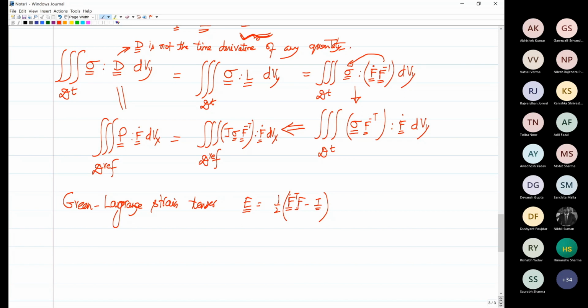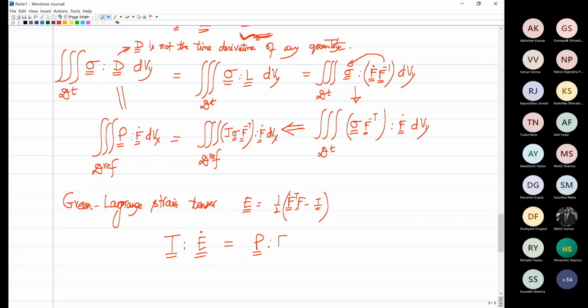So if we try to find out what is the work conjugate of E, so how will you do that? So you see, because E is a Lagrangian measure, no? So we should, if we say that the work conjugate of E is some T, let us say, then T double contraction E dot, we have to then relate it to P double contraction F dot.